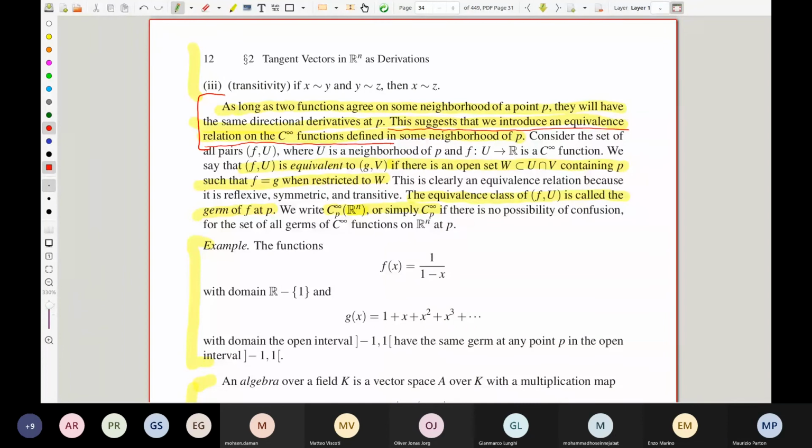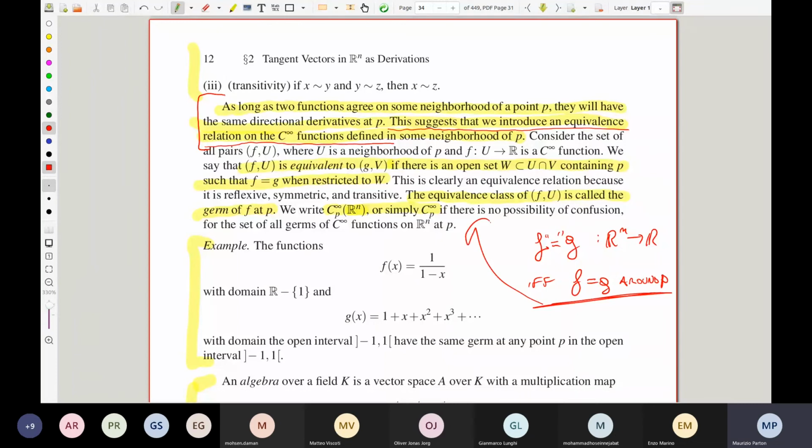Perfect. So this means that one function and another function, two functions from Rn to R, I will call them equal in some sense, given by this equivalence relation, if f is equal to g around P. This is formally given in this text, but this is the idea.